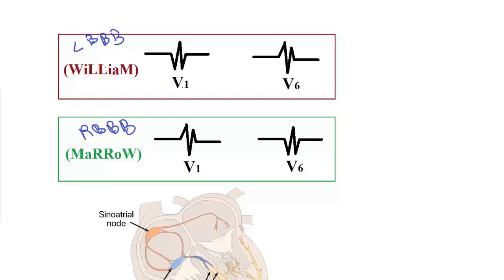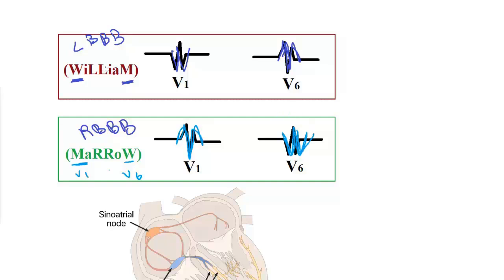So you look at the V1 and V6 leads. For left bundle branch block, in V1 you will see a W, while in V6 you will see an M pattern QRS. Versus for right bundle branch block, in V1 you will see an M pattern, while for V6 you will see a W pattern.